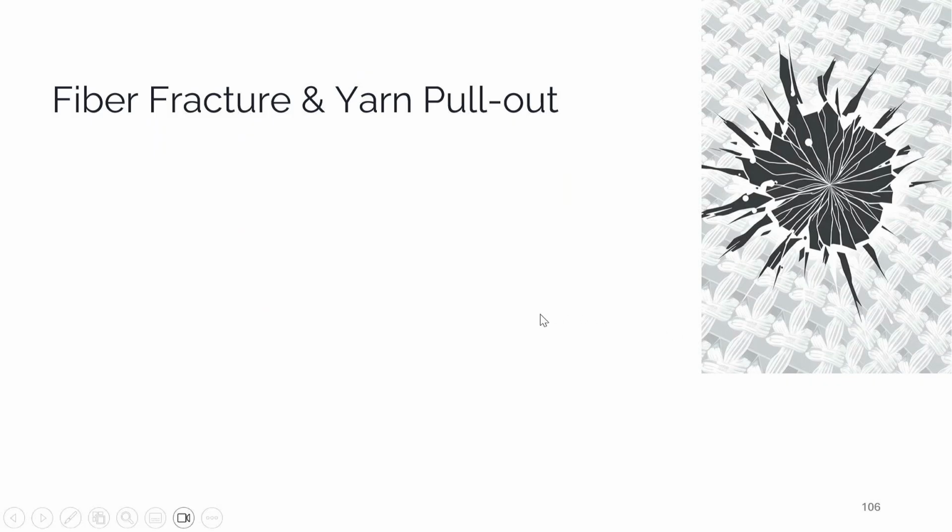Now, we will discuss the fiber fracture and yarn pull out. Basically, when the projectile hits on a fabric, the fibers or yarn take load first, and then what happens, suppose this is the textile structure or composite structure.